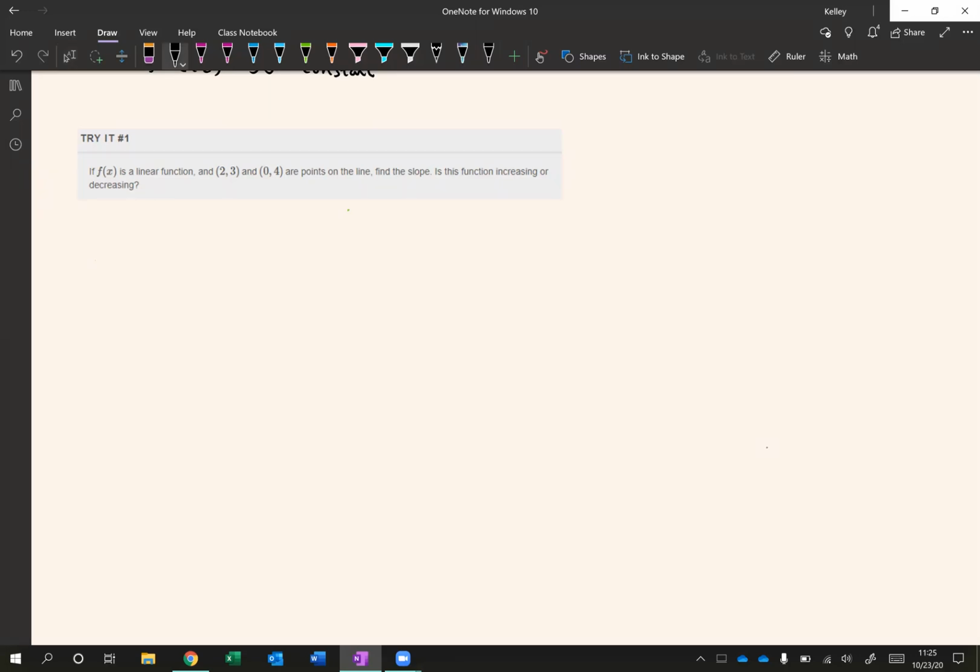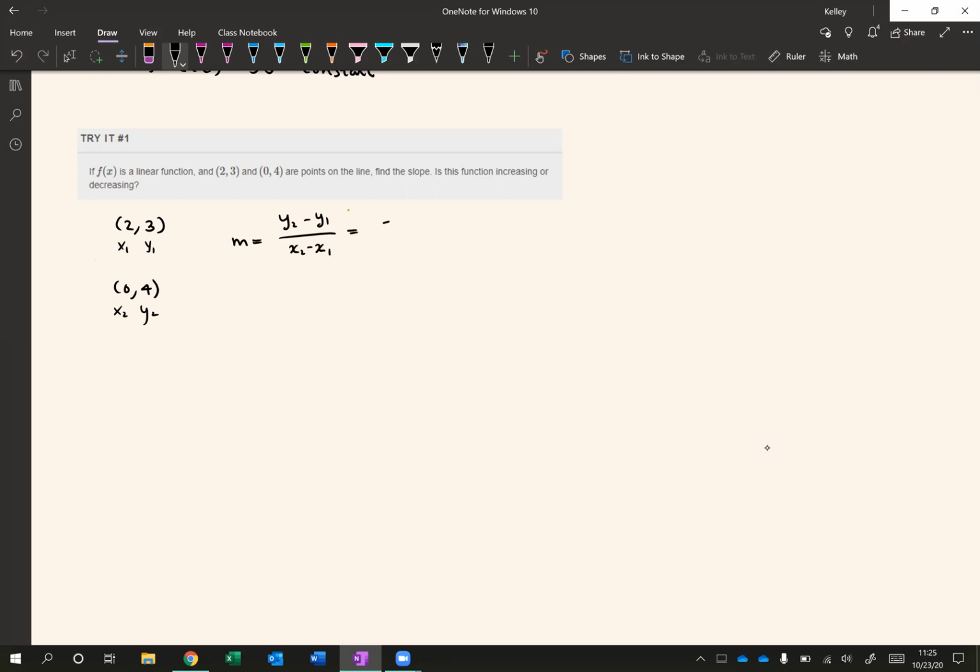So there's 2 things I can do to find the slope of a line. If I have 2, 3, and I have 0, 4, I could label this as x1, y1, x2, y2, and I could use the fact that slope equals y2 minus y1 over x2 minus x1.